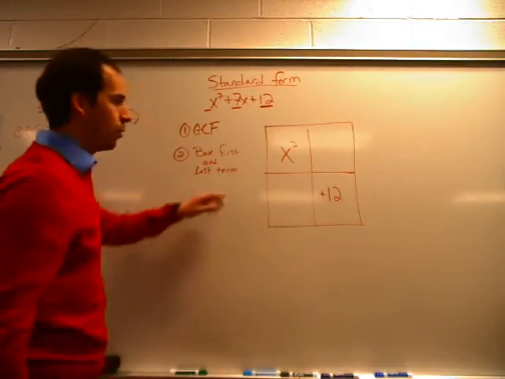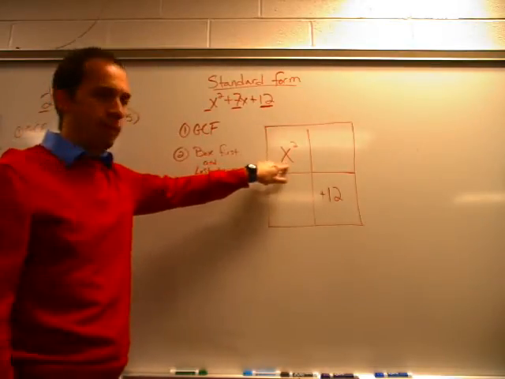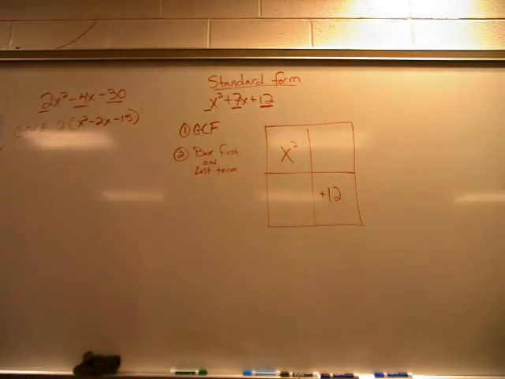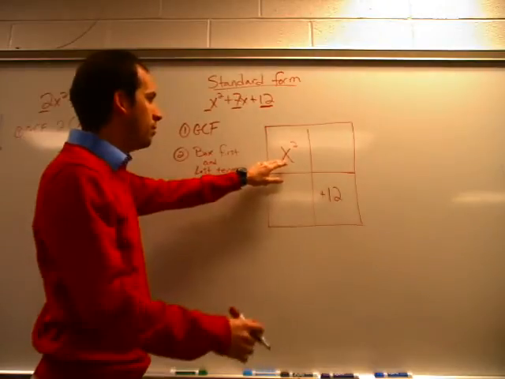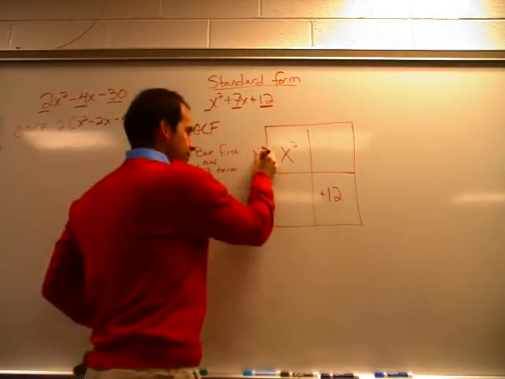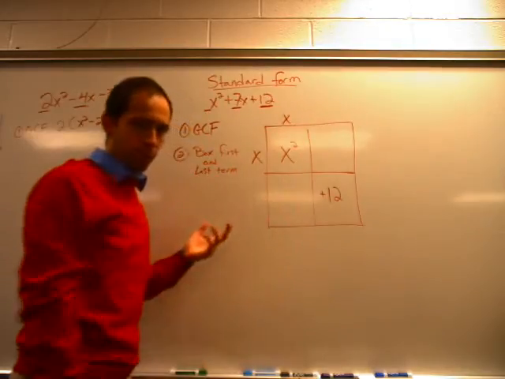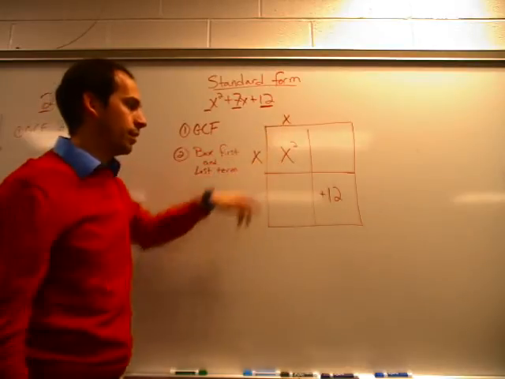And then you're going to ask yourself this question: what two values multiply to get me x squared? For this particular value, x times x results in x squared. So we write those to save them here on the outside of the box.